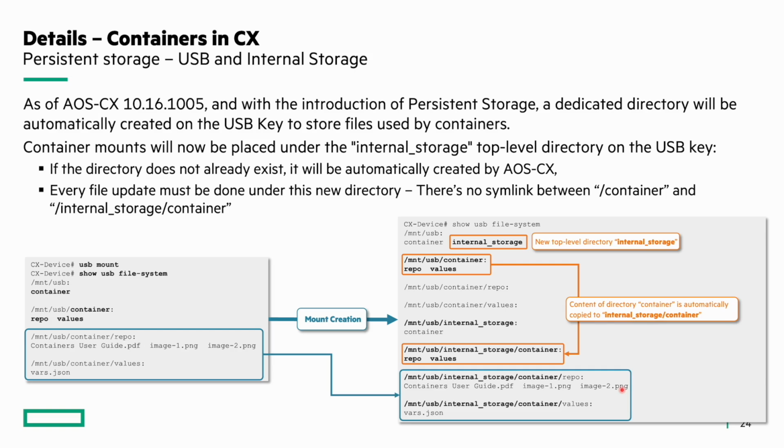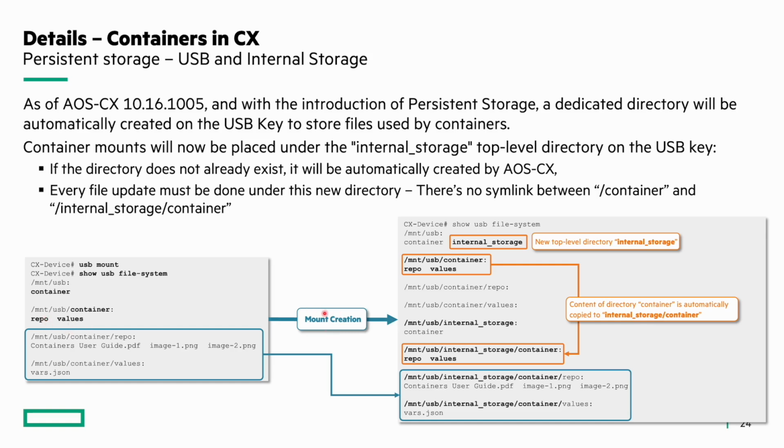As well, every file update must be done under this new directory. So there is no symlink between /container and /internal storage/container. As you can see on the snippets, before we create a mount, we only have the directory container with two subdirectories and some files within each subdirectory.